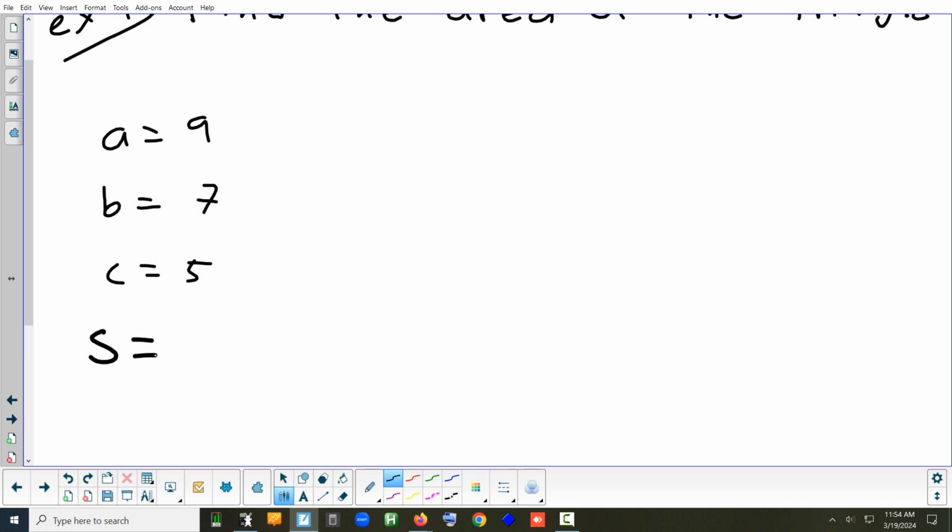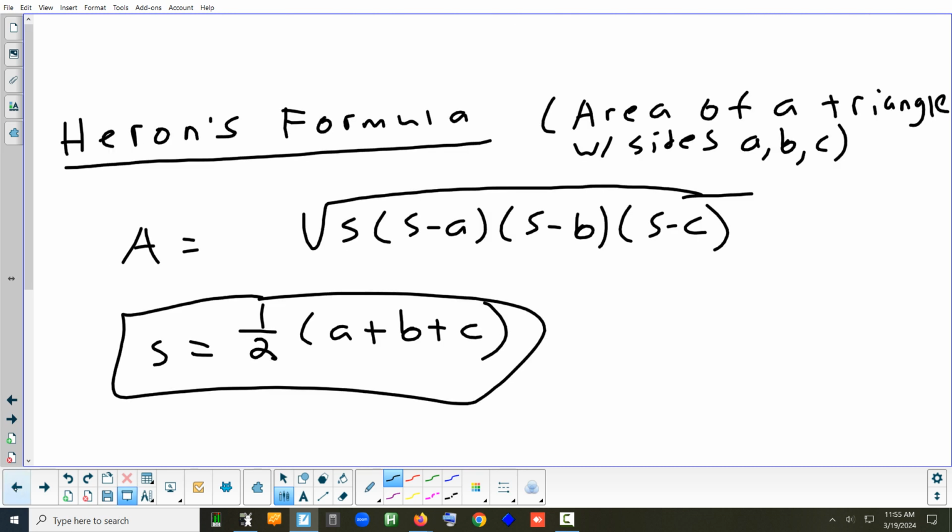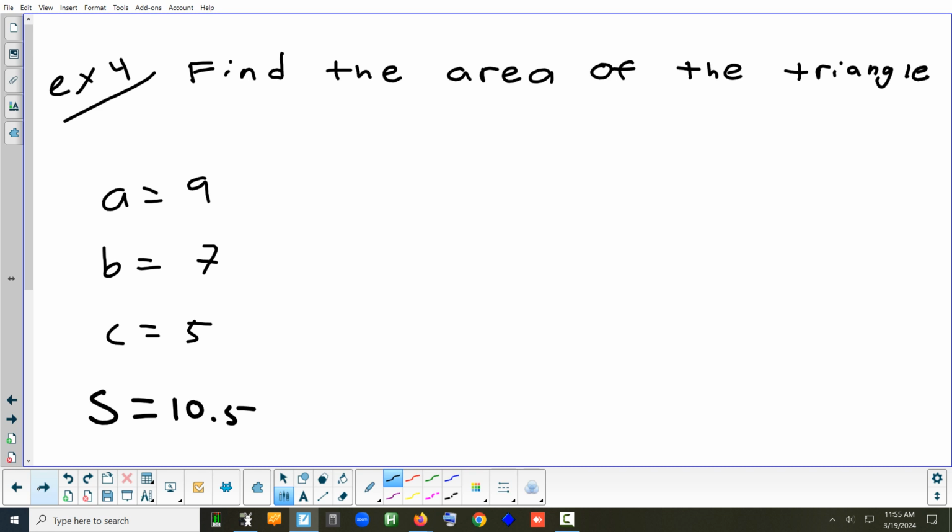What's 9 plus 7? 16, and then plus 5, and then half of that. Okay, so there's your semi-perimeter. So it's the square root of s, and then it's times s minus every side. Doesn't matter the order you do it. So square root of s.